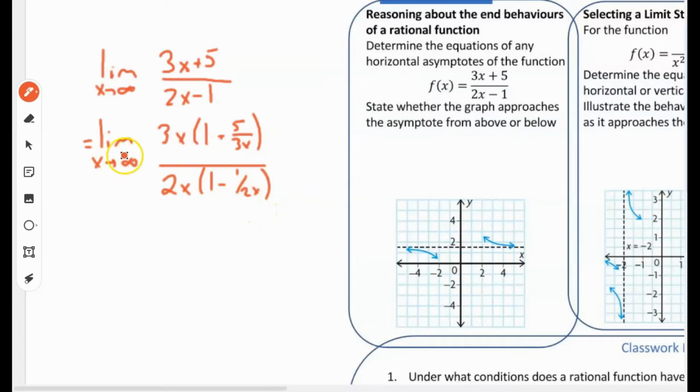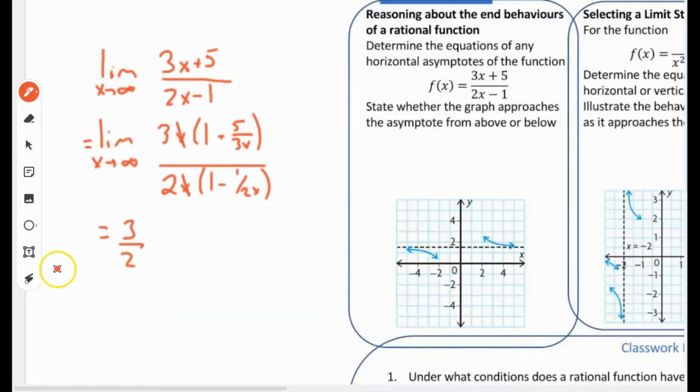So as x approaches infinity, these terms here, the 5 over 3x and the 1 over 2x, approach 0. These x's actually cancel, so we are left with 3 over 2. So we have a horizontal asymptote at y equals 1.5.